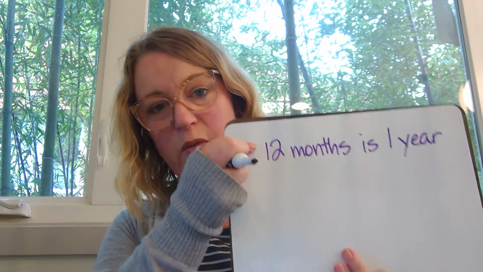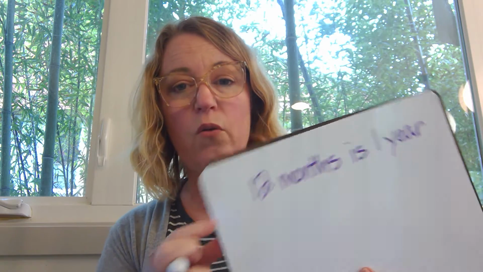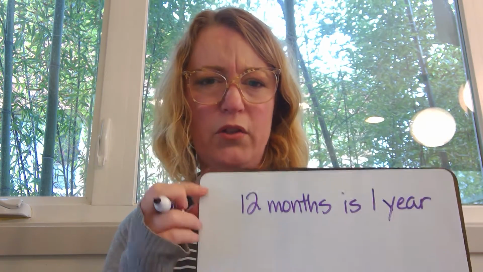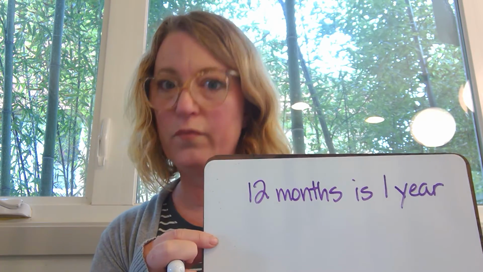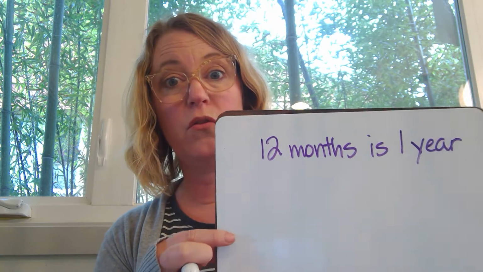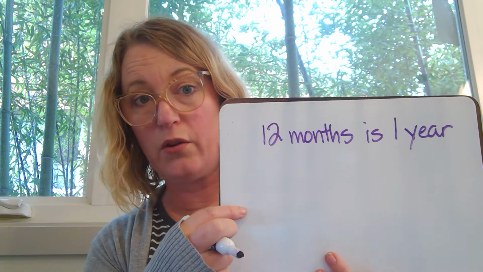So when he was 1 year old, he was 12 months old, wasn't he? How many months old was he when he was 2 years old? How many months old was he when he was 3 years old?